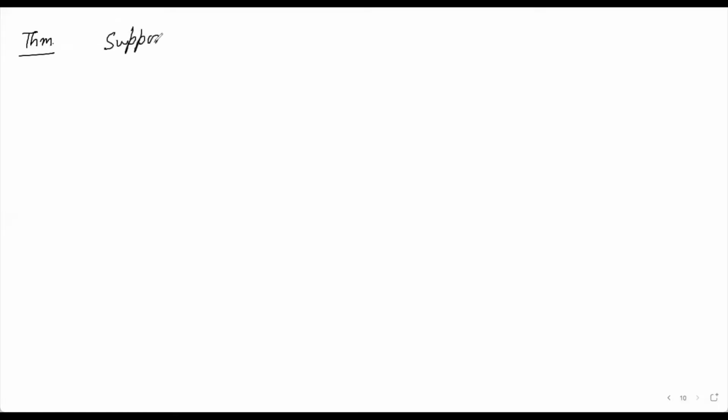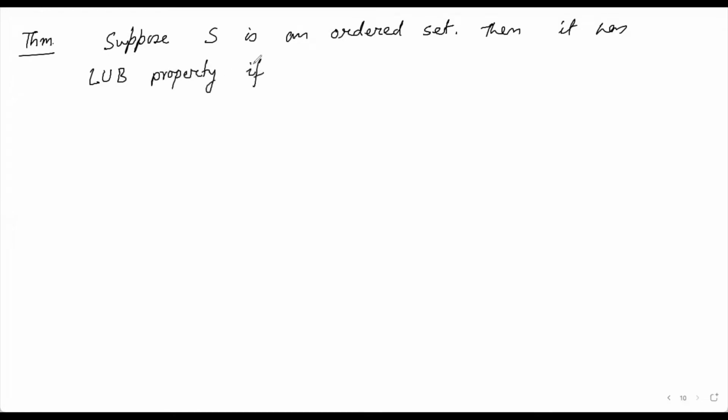Suppose S is an ordered set, then it has the LUB property if and only if it has the GLB property. So they are equivalent basically.